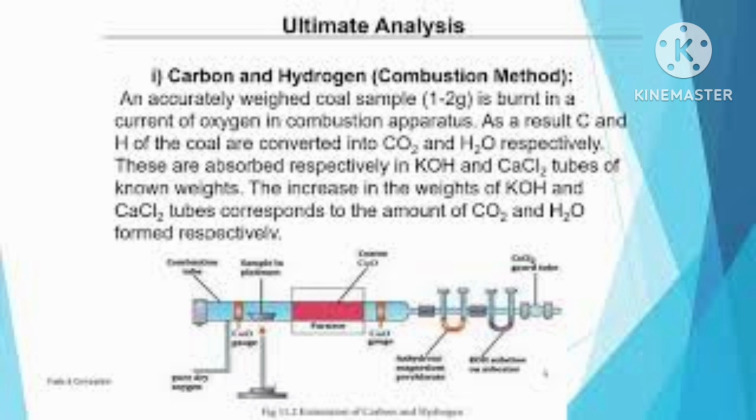And if halogen is present, means X, then it will give NaX. This is also an ionic compound: NaX, NaCl, NaBr, NaI, NaF.